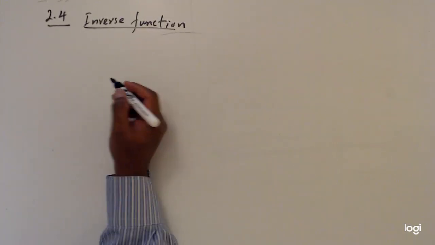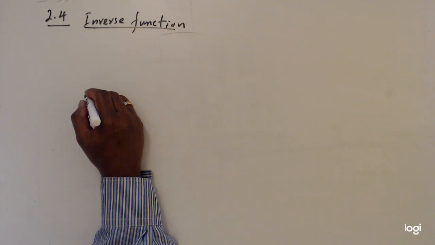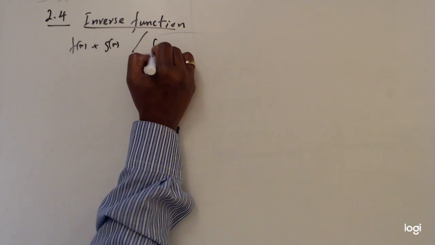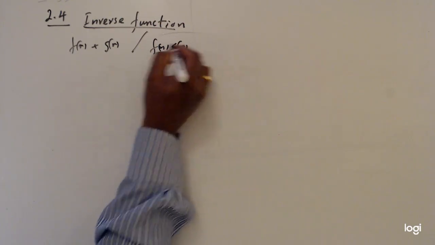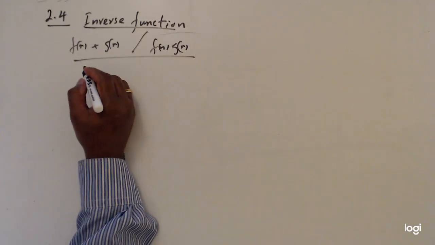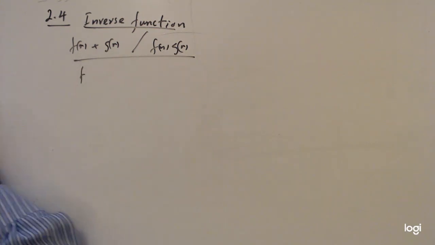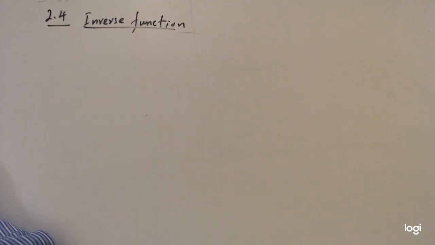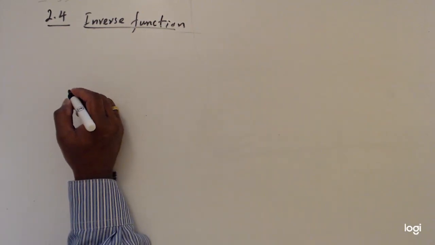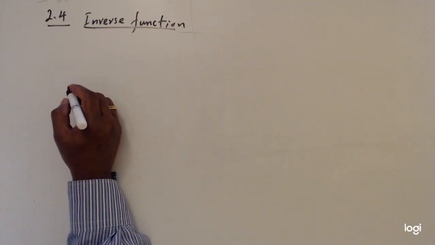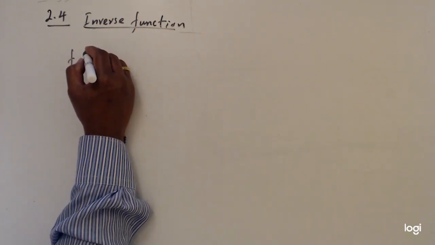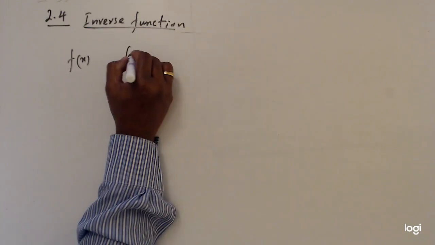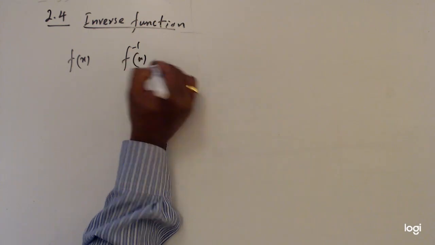So what operations do functions have? You can add functions, multiply, and take the composite of functions, and we define the inverse of a function basically: f(x) and its inverse function f inverse of x.